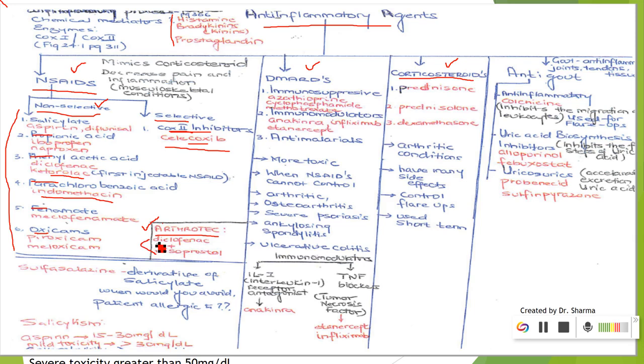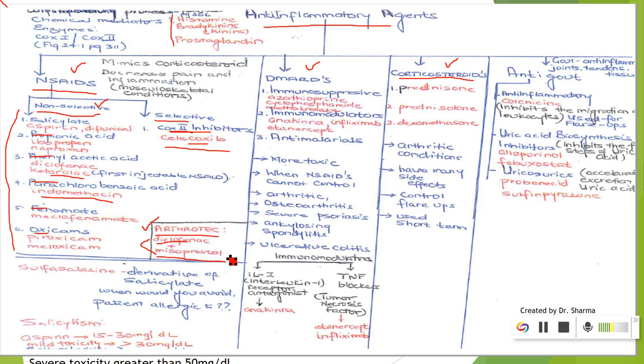You can see here, diclofenac, right? It's the same drug, first generation NSAID, plus misoprostol. So diclofenac is an NSAID, but what is misoprostol? Misoprostol is known as Cytotec. That means it protects the stomach lining, the mucus of the stomach lining.